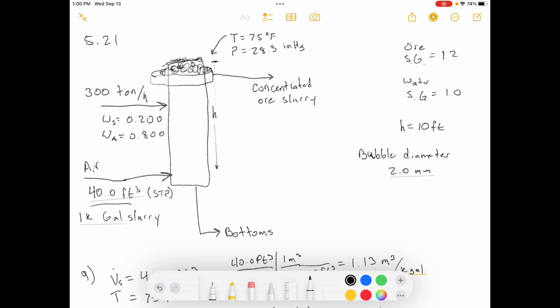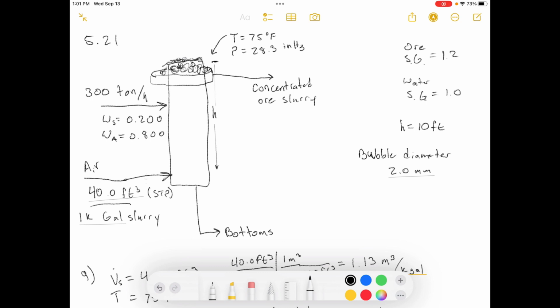Air is sparged, blown through a nozzle designed to produce small bubbles, into the slurry at a rate of 40 feet cubed at standard temperature and pressure per 1,000 gallons of slurry. The entry point of air is 10 feet below the slurry surface.